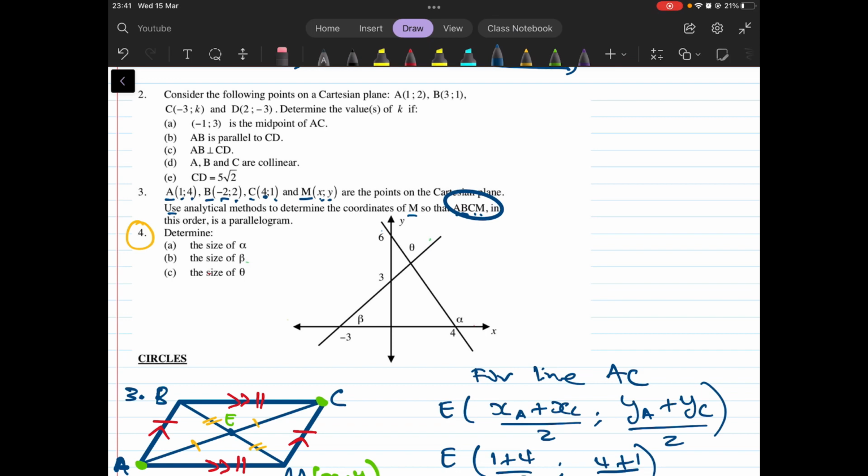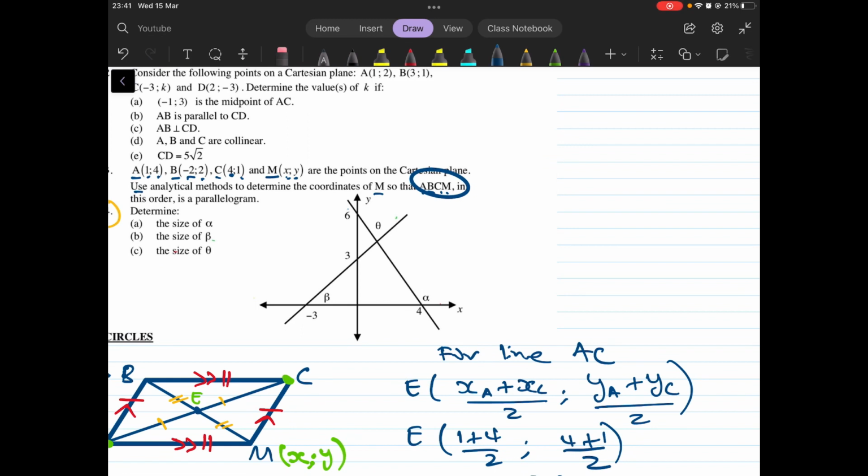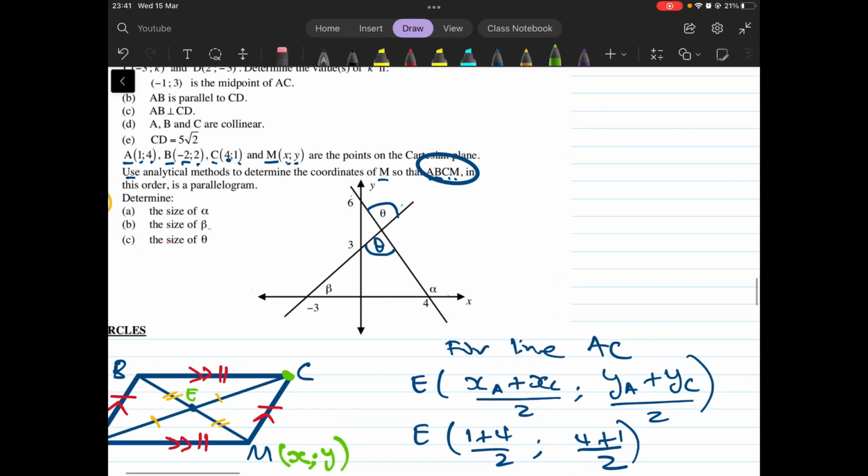To calculate these angles, let's first analyze the situation so that we don't end up wasting time. Look at theta. You can tell that this theta is going to be equal to this angle here, so you can also call that angle theta. Also, alpha is going to be the sum of these two angles, because the exterior angle of a triangle is equal to the sum of the two opposite interior angles.